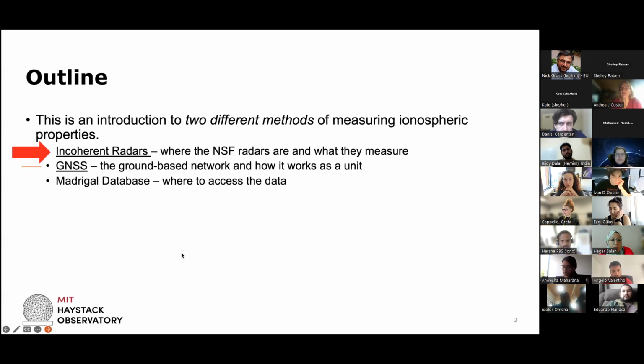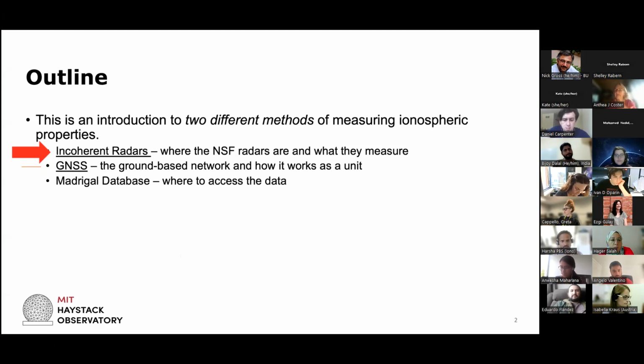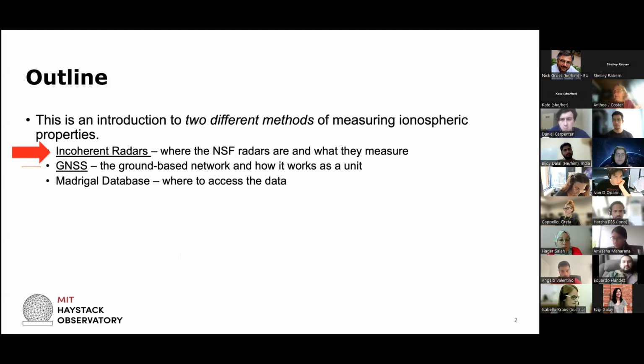The way I structured it, we're really going to be talking about two different methods of measuring the ionospheric properties. First is incoherent scatter radars, and I'm going to show you where the radars are that we operate and what they measure. Then I'm going to talk about GNSS and the ground-based network and how it works as a unit and what's significant about it.